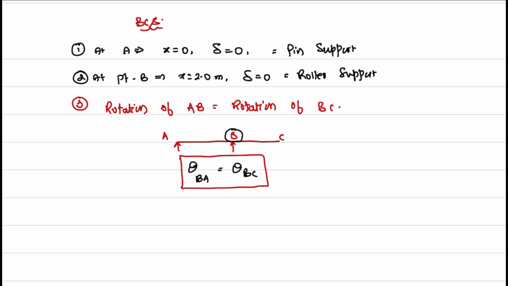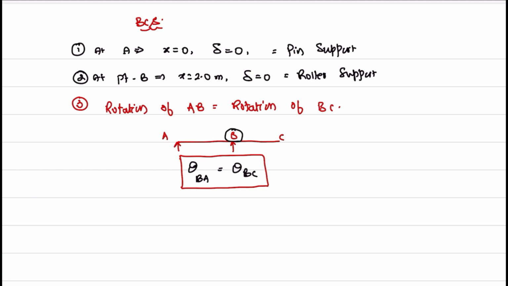B. The moments are equal. C. The slopes are equal. D. The deflections are equal. Even though deflection is 0 on either side, the slopes are equal there.